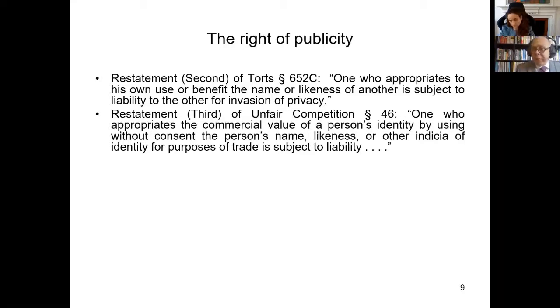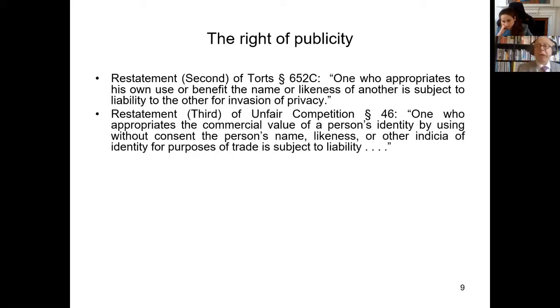More recently, many courts, many state legislatures, and the American Law Institute, which promulgates these restatements of the law, back in the 1990s as well, have viewed individuals as also having a property interest in their name, their image, or their likeness.